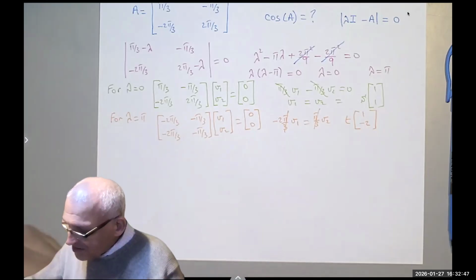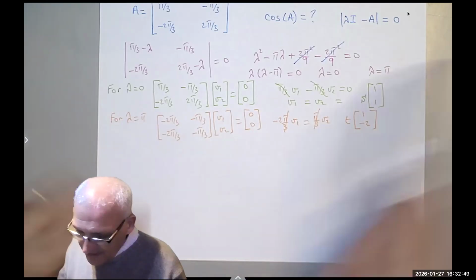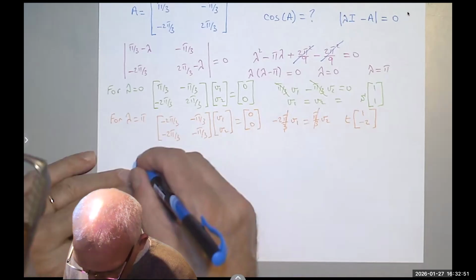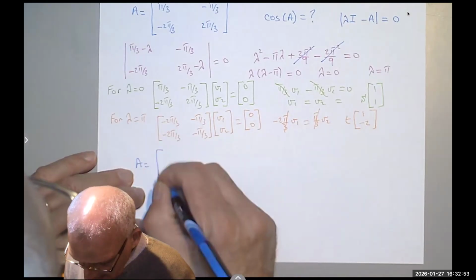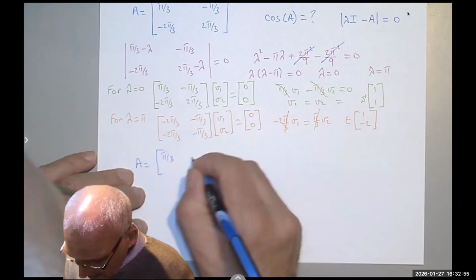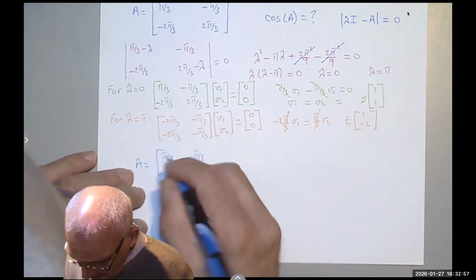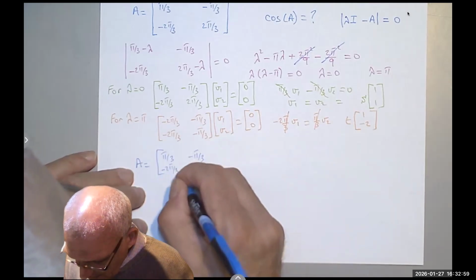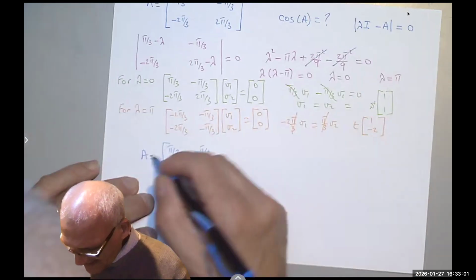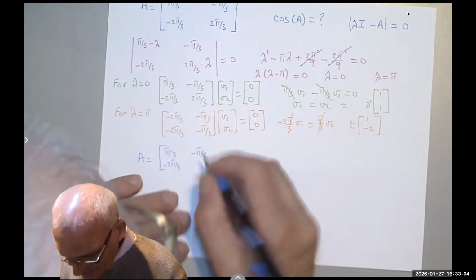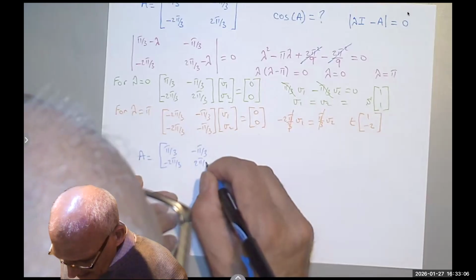So now our original matrix can be written as follows. A can be written as pi over 3, negative pi over 3, negative 2 pi over 3. Oh, I'm sorry, what am I doing? That's the original matrix. Well, I didn't have to write it again, but okay.